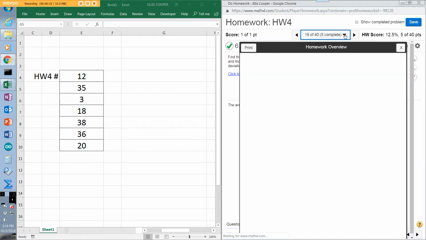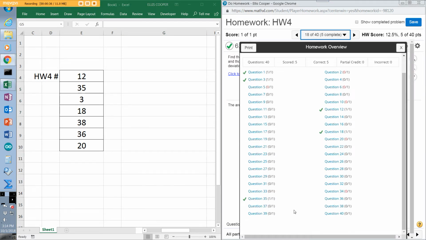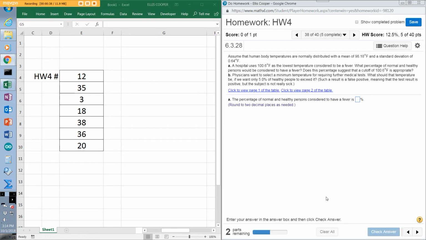So let's try that. We're talking again about temperature of human beings, a mean of 98.18 and standard deviation of 0.64.